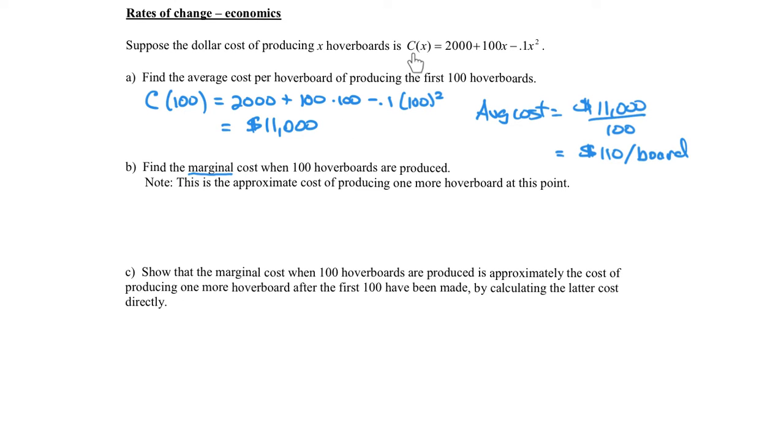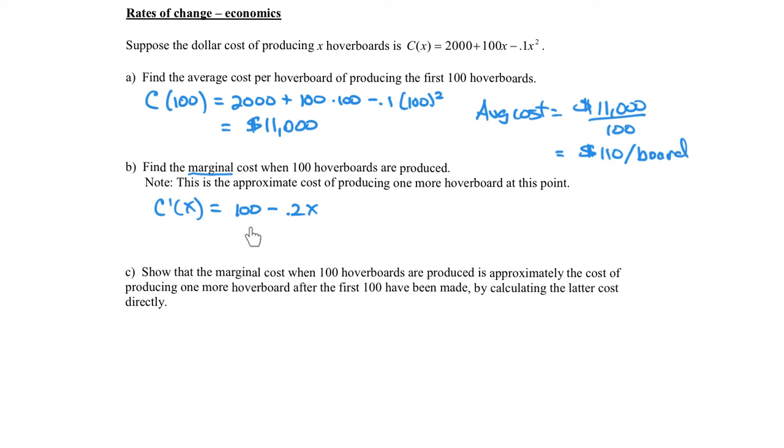Marginal cost would be C prime of x, and it's a pretty easy derivative to take. We just use the power rule. So we've got C prime of x, the marginal cost, rate of change of the cost function, and we take the derivative, and we will get 100 minus 0.2x.